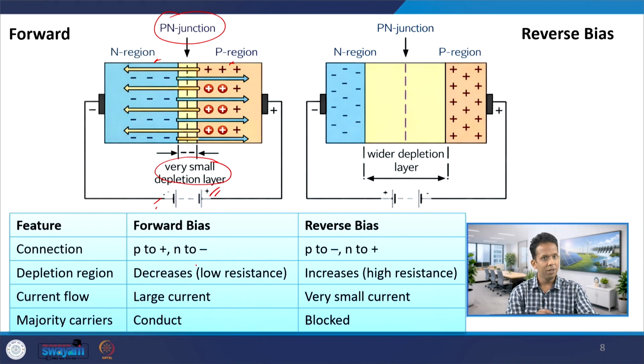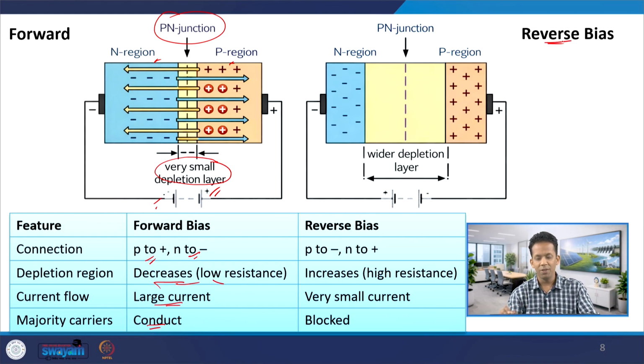So in forward bias, we have P connected to positive, N connected to negative, and because of the small depletion layer, the resistance is low and current is large. Most of the carriers are in the conducting mode, both electrons and holes.